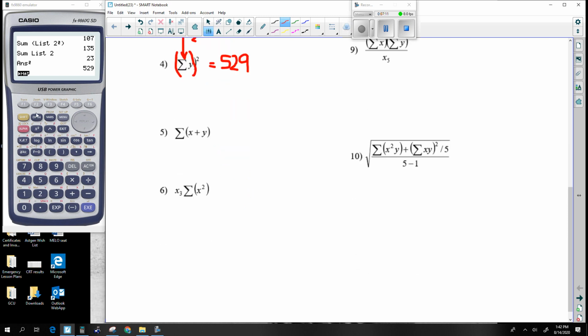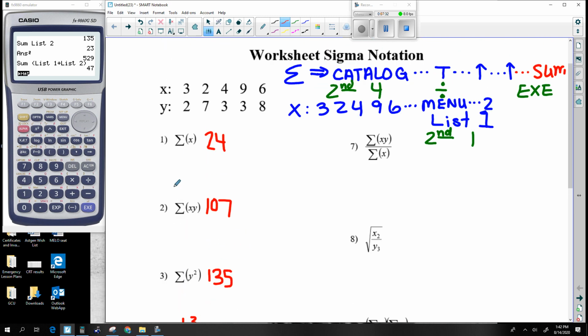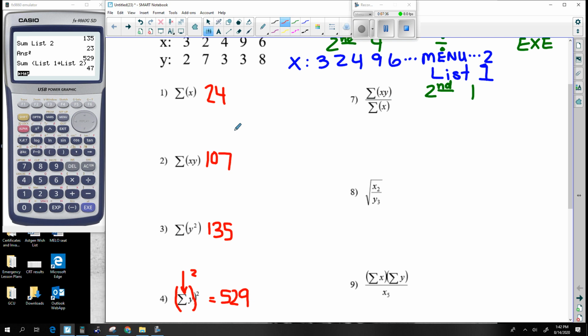Number 5, the sum of x plus y. Okay. Number 6, we need x sub 3. So 1, 2, 3. It's this number 4.